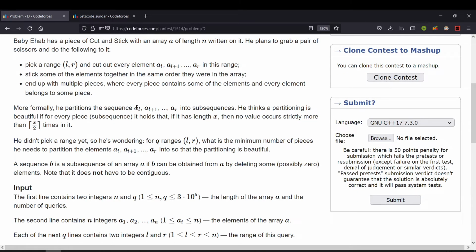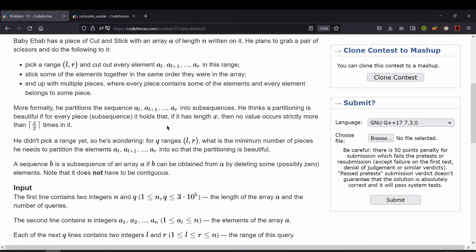Now he partitions the range into sequences. He thinks a partitioning is beautiful if for every piece it holds that if it has length x, then no value occurs strictly more than x by 2 times in it.